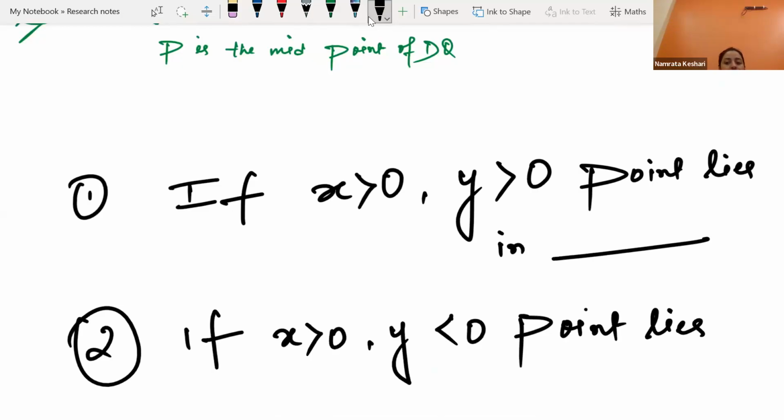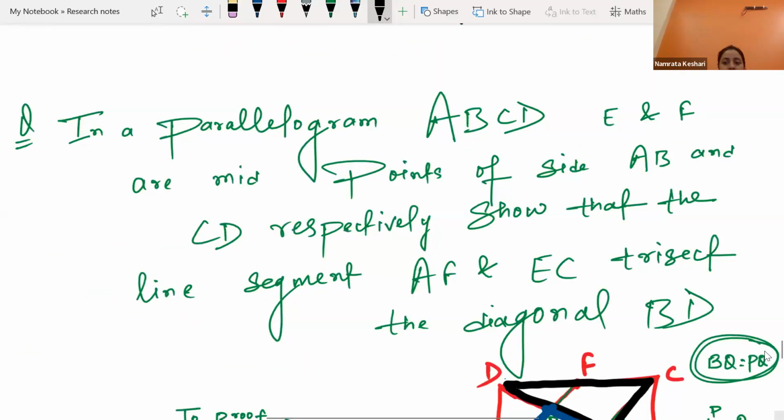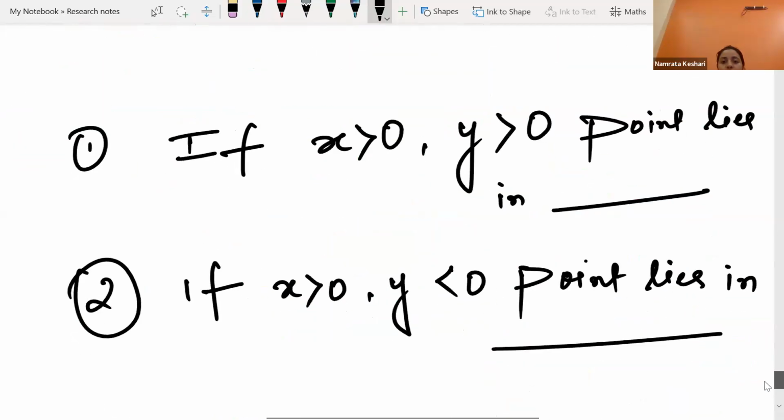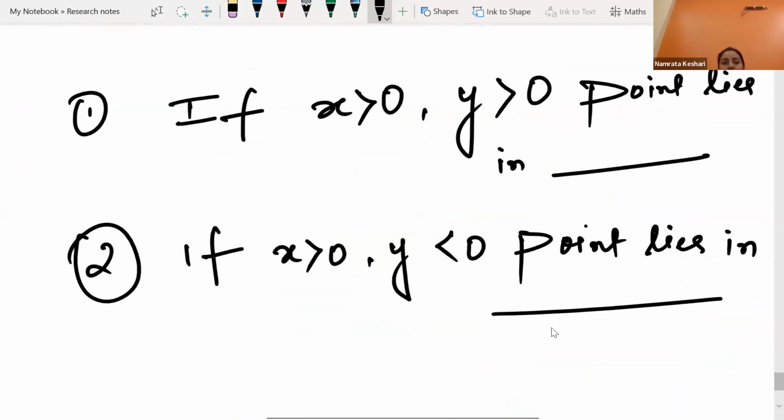Yes, please tell me. It's from the coordinate geometry chapter. Ma'am, the first one will be in the first quadrant. First quadrant, everyone. Will it be the first quadrant?